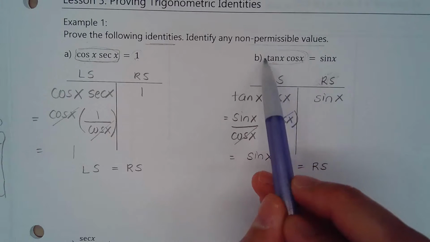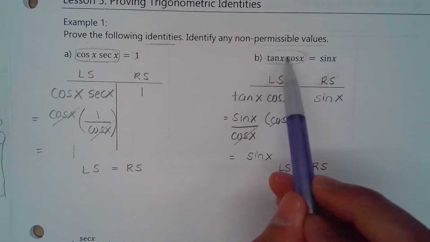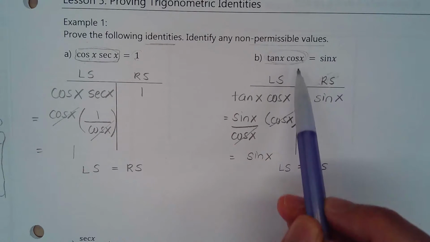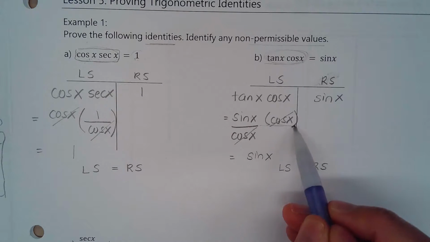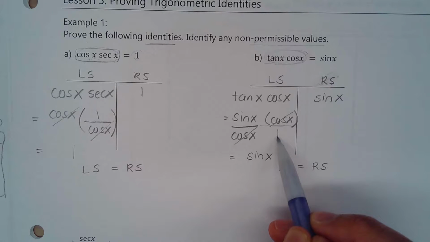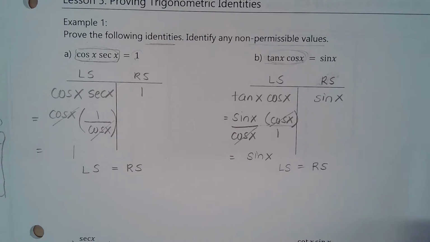It's kind of hard to figure out because everything is in the numerator, right? So if we were to write sine of x divided by cos of x times cos of x, what's in the denominator? Cos of x, right?